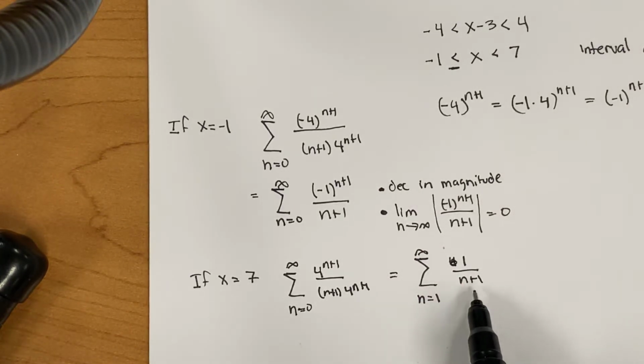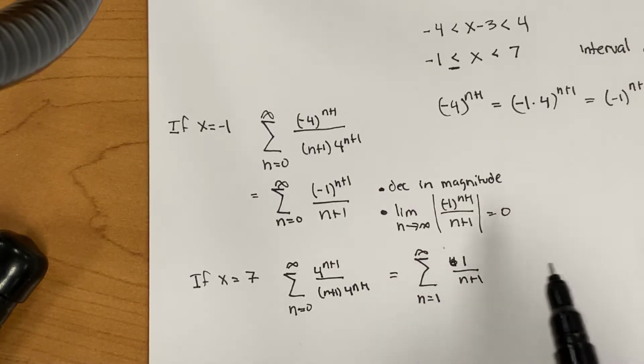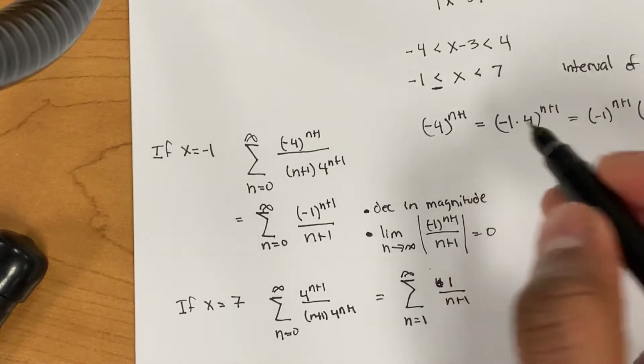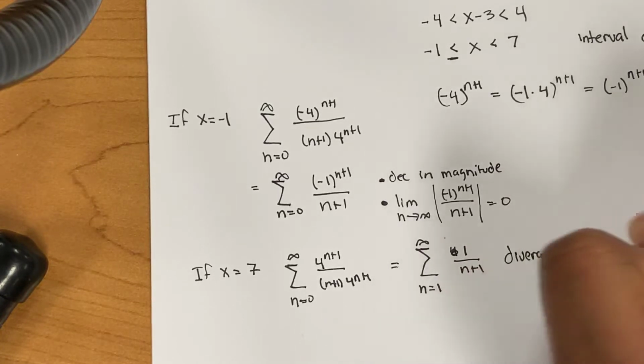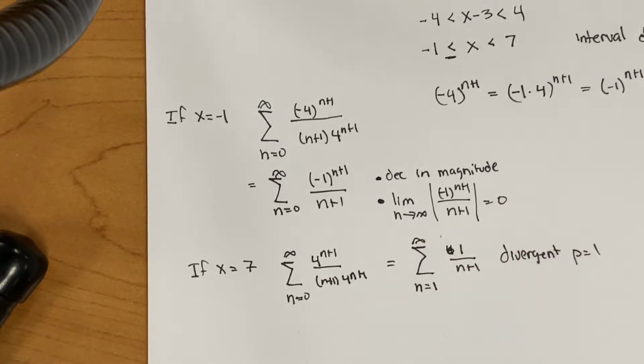And this sequence is divergent because the comparison sequence 1 over n is also divergent. So we don't include the 7. Divergent, and the reason is p equals 1.